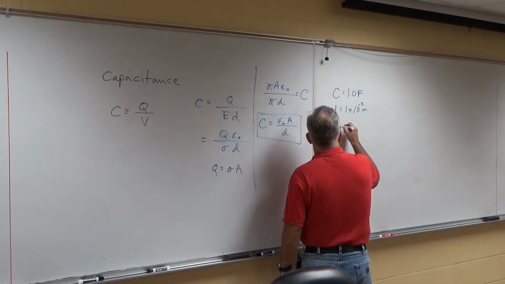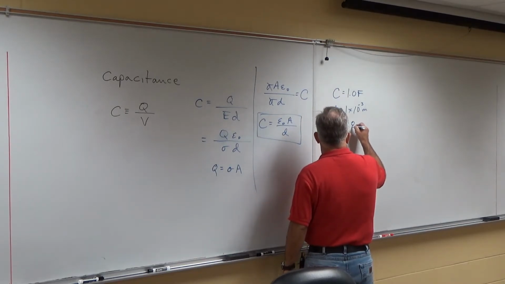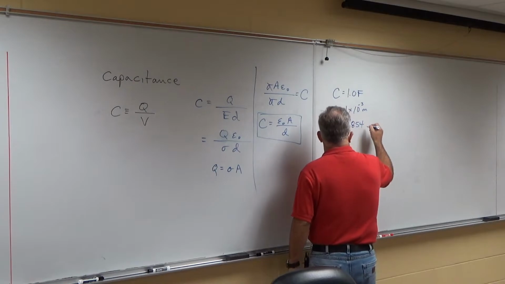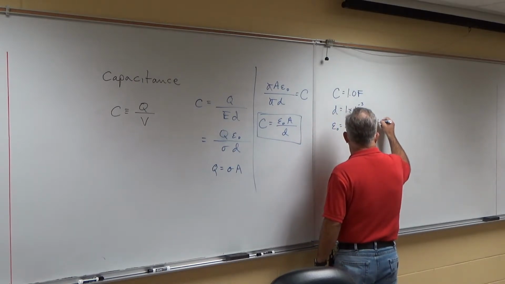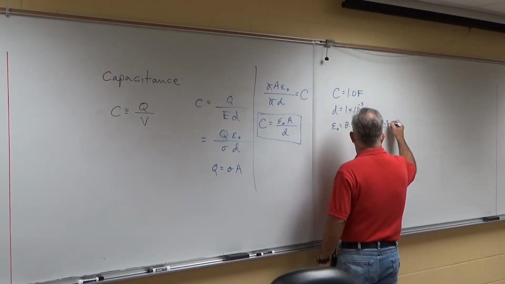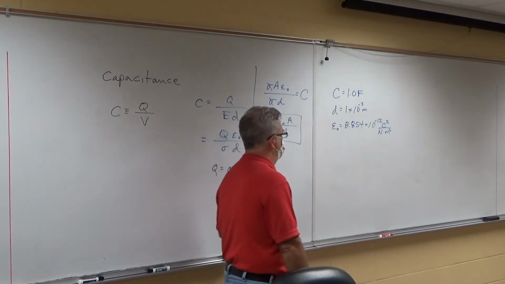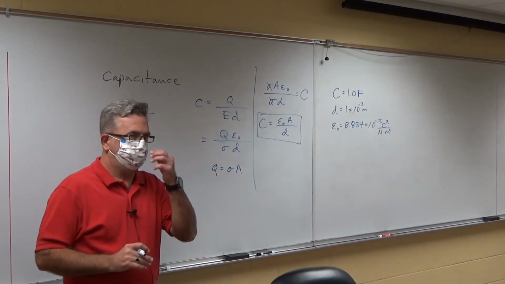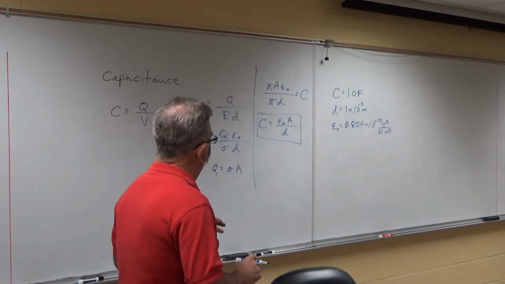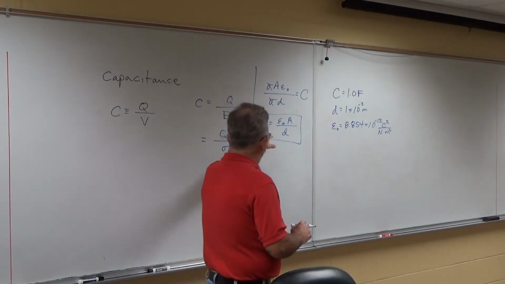Epsilon naught, I'll just remind you, is 8.854 times 10 to the negative 12 coulombs squared per Newton meter squared. Okay. So I'm going to solve for the area.